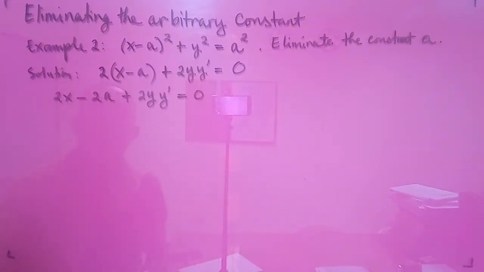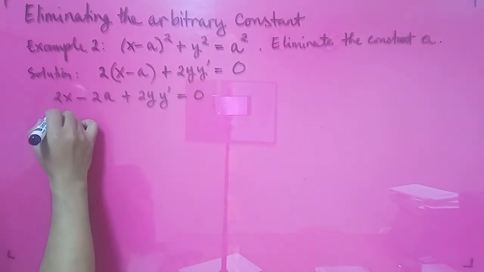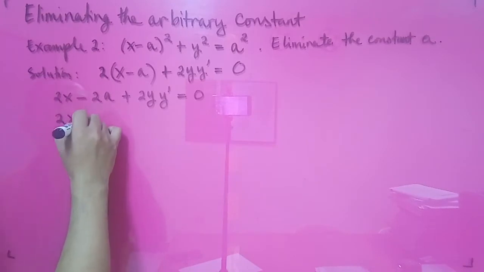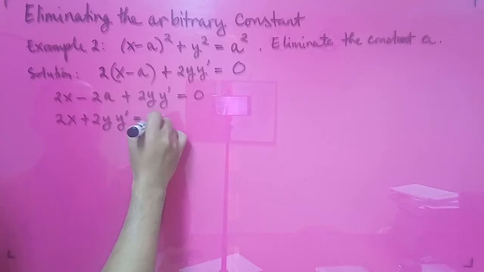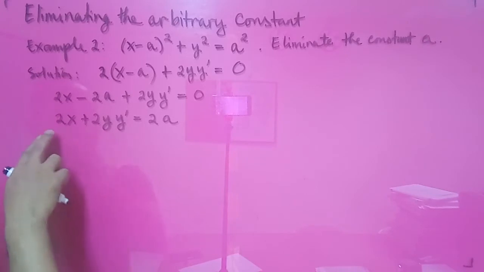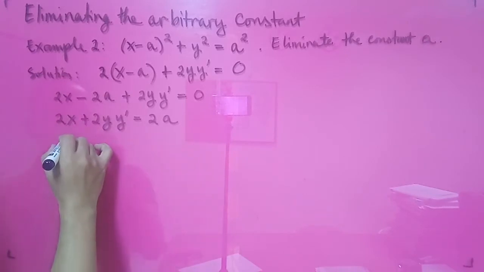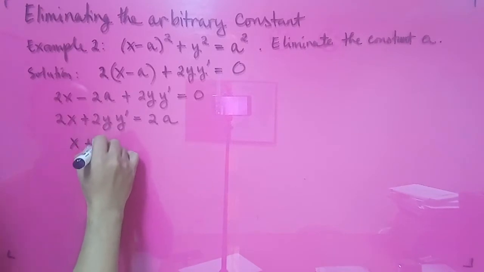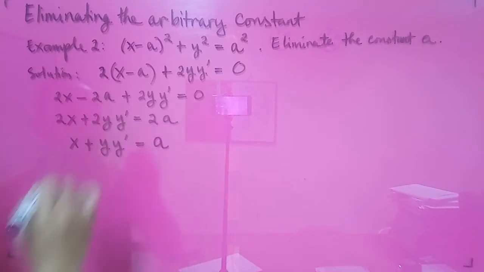So for this case, we have 2a, I will transfer 2a to the other side, that becomes 2x plus 2y y' is equivalent to 2a. If you have noticed, they are all divisible by 2. So if we divide both sides by 2, what remains here is x plus y y' is equivalent to a.